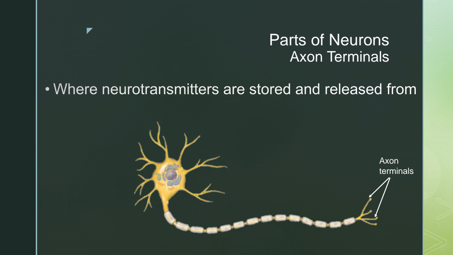But whatever name we're calling them, they are small swellings that are found at the absolute end point of axons. They are the sites where one neuron synapses with another neuron. And it's also where neurotransmitters are stored.